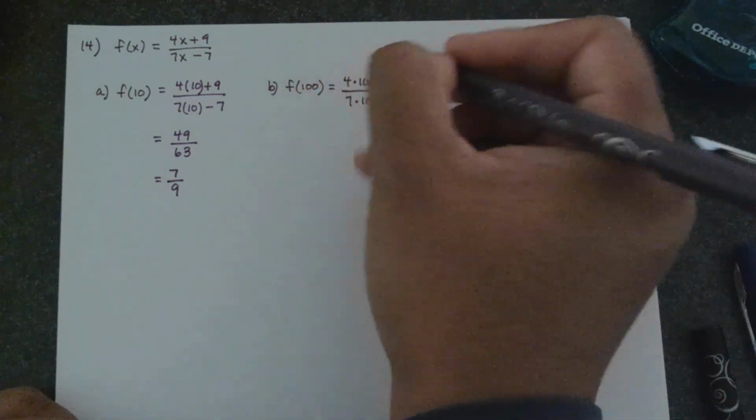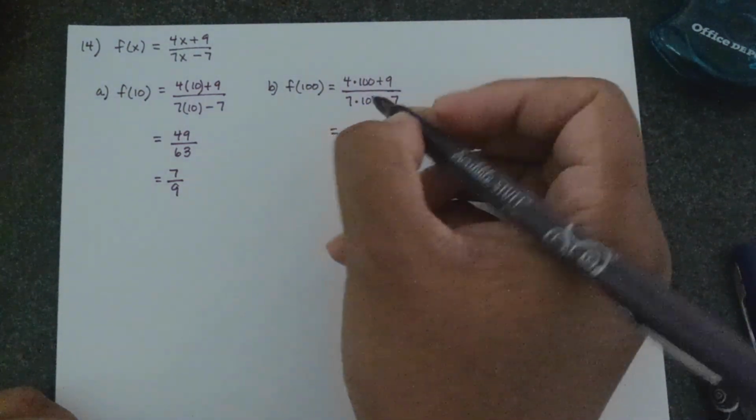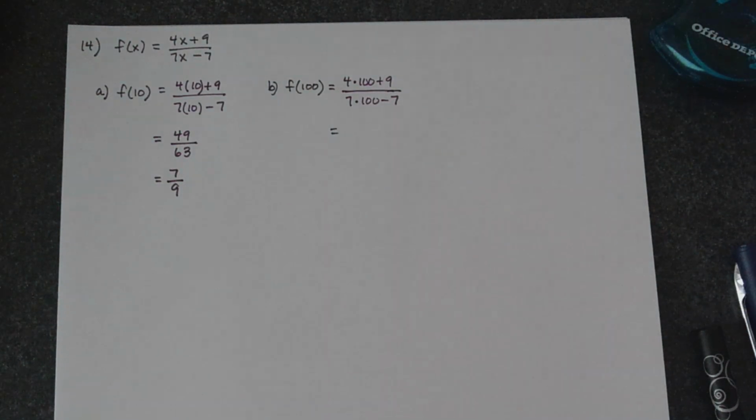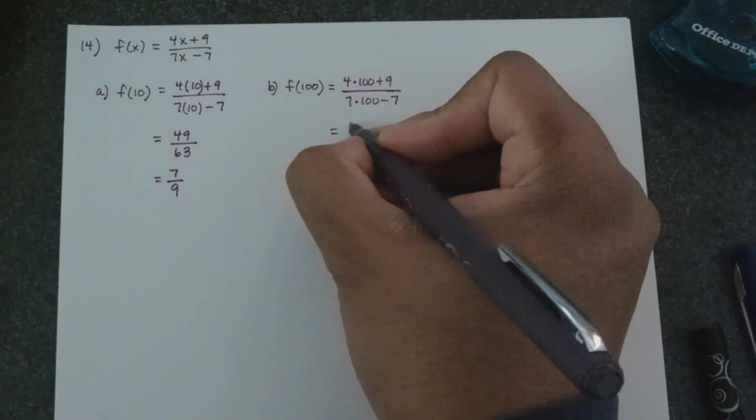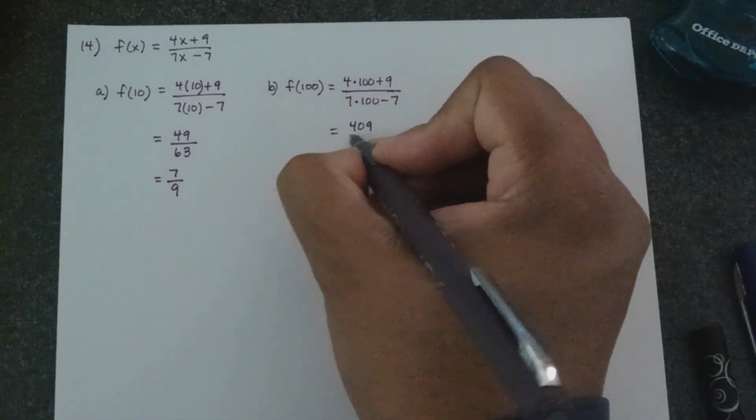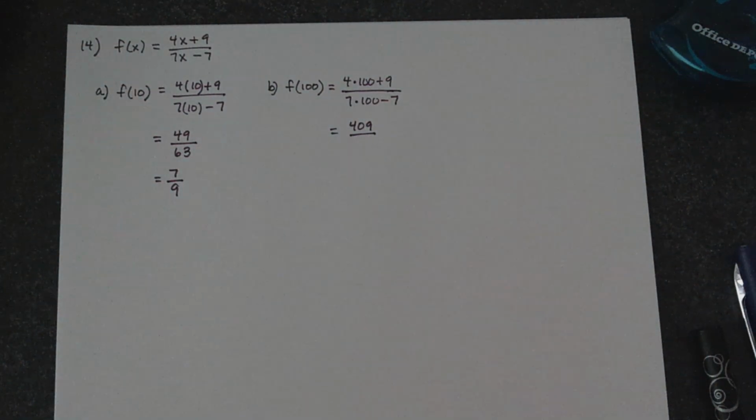You can use a calculator if you want to. You're going to get the same thing, because you're going to have to do multiplication first and then add. 4 times 100 is 400, plus 9. I wrote it wrong earlier, it's 400 plus 9, which is 409.